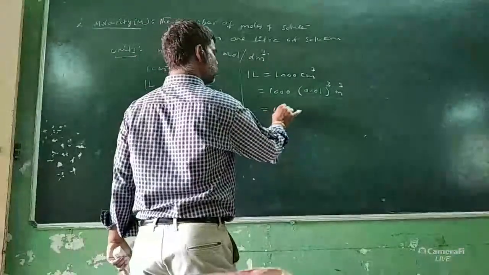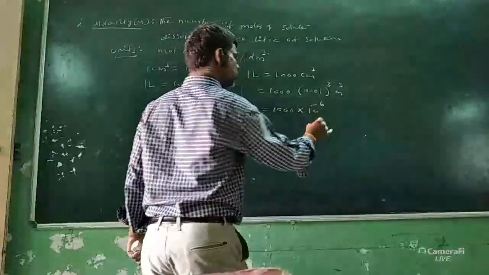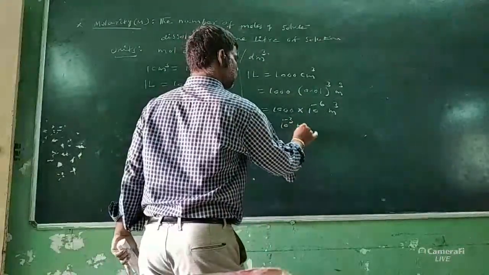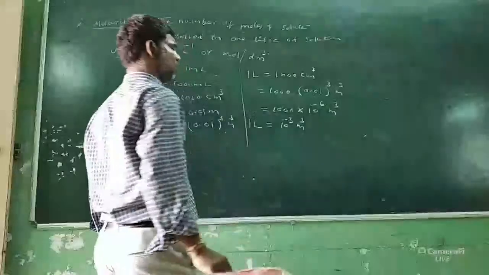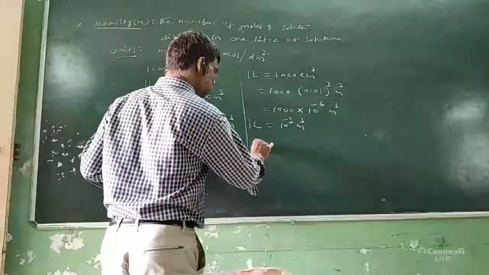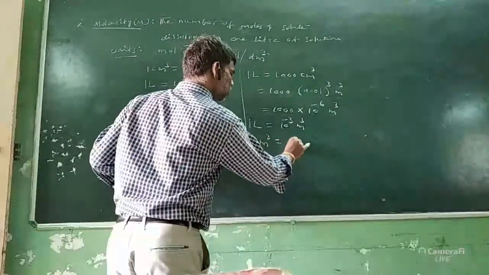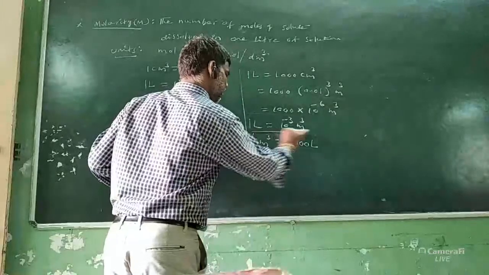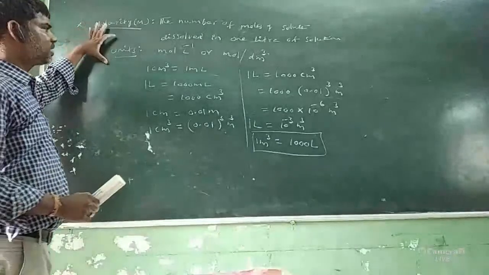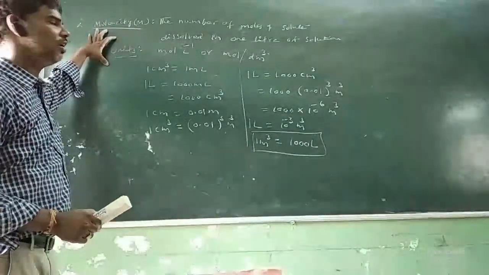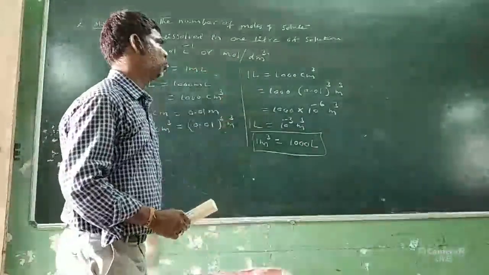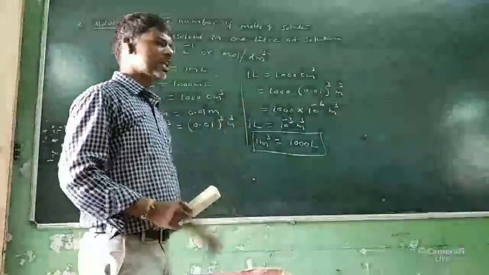So we have 1000 into 10 power minus 6 meter cube, so 1 liter is equal to 10 power minus 3 meter cube. So 1 meter cube is equal to 1000 liters, as we know from units and dimensions. We are focusing on the units of molarity. The units will be mole per liter or mole per decimeter cube. How we got decimeter cube, we are going to explain now.